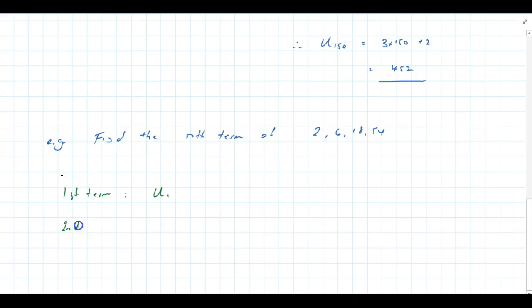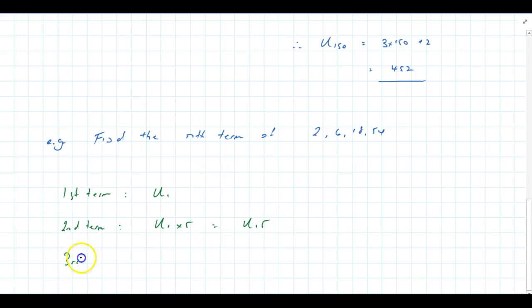So our second term, well in a geometric, what are we doing? We're multiplying each term by r, aren't we? u1 times r, or u1r.